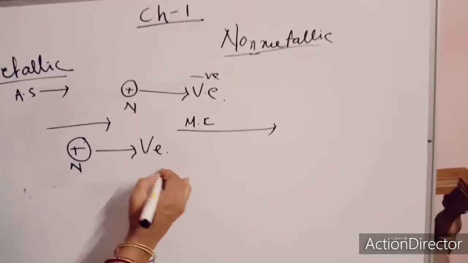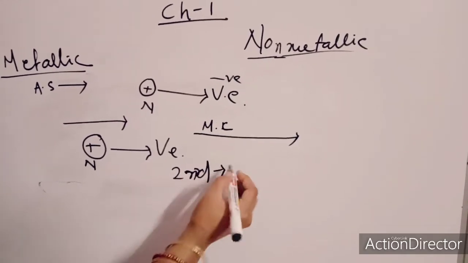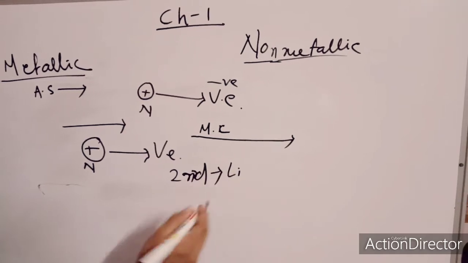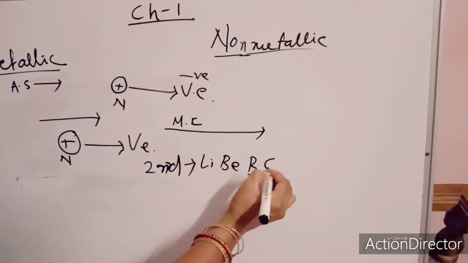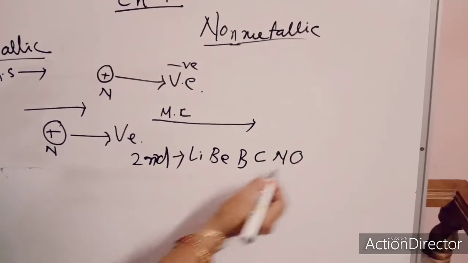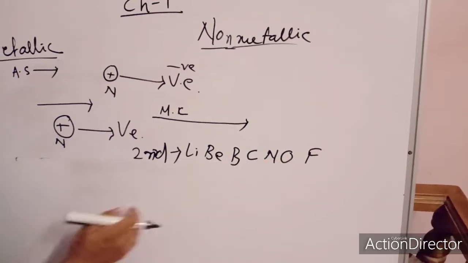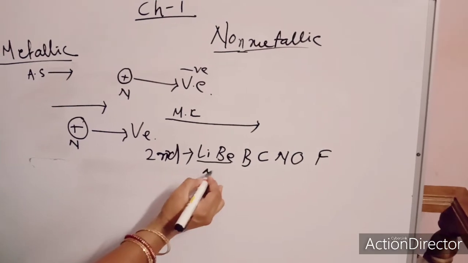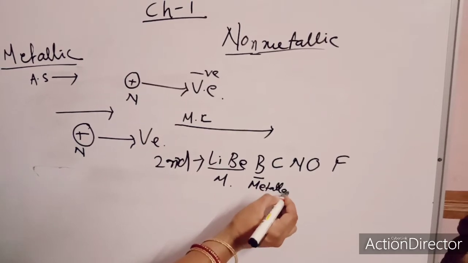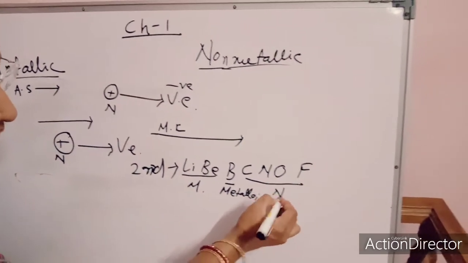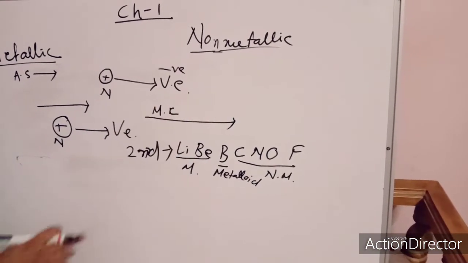That's why in the second period you can see the elements: first lithium, second beryllium, boron, carbon, nitrogen, oxygen, fluorine. When you are going along the second period, the first two elements are metals, this is a metalloid and these are the non-metals. Understood? So metallic character decreases along a period.